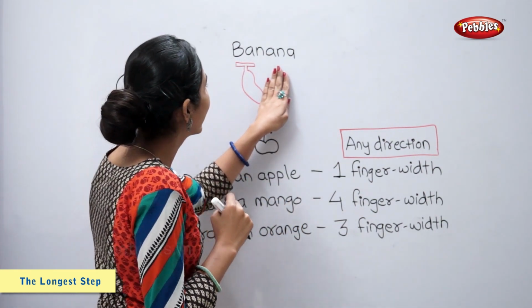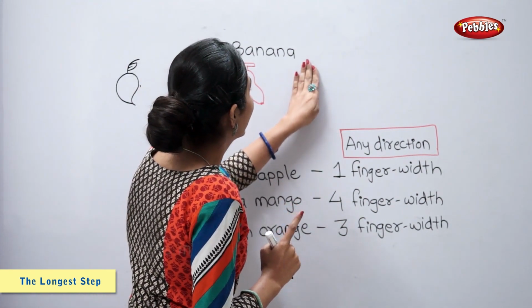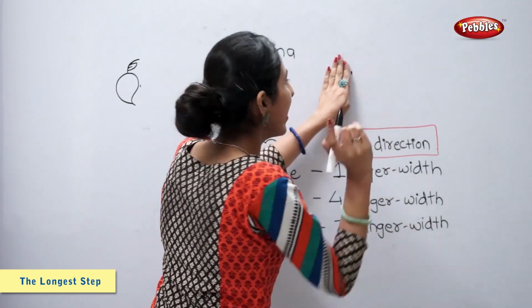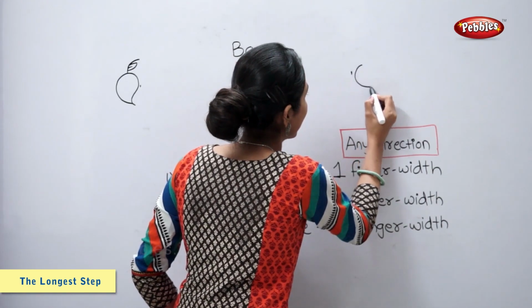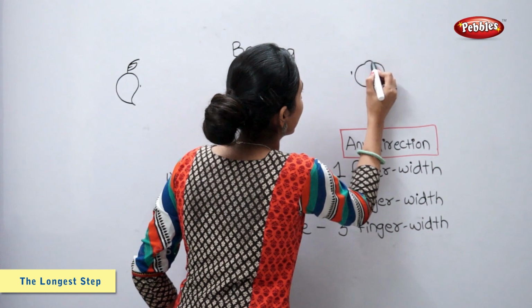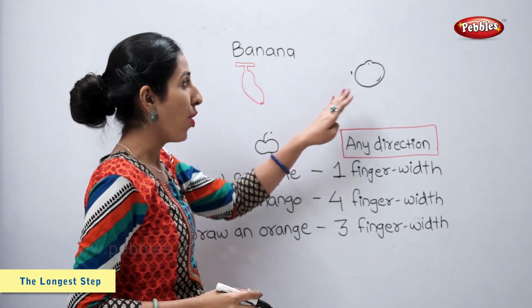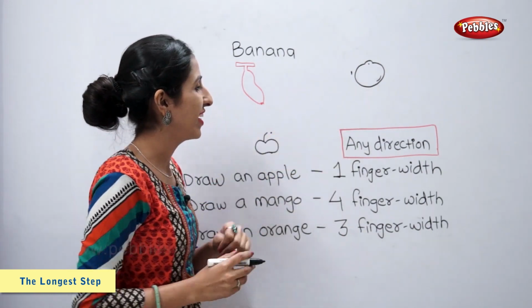1, 2, 3. So, orange at a distance of 3-finger width.